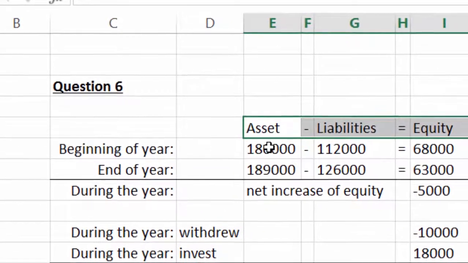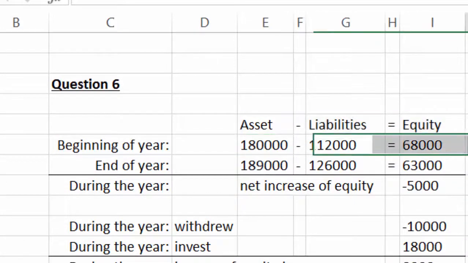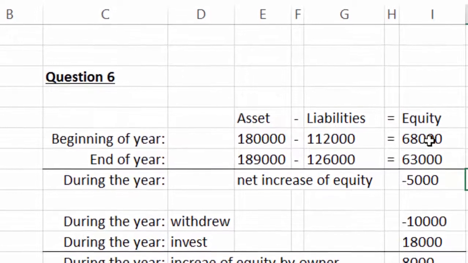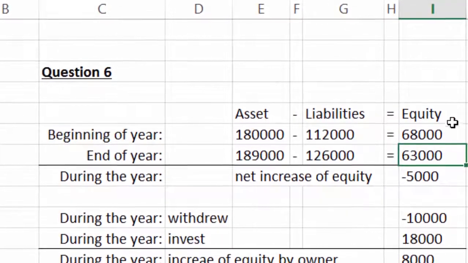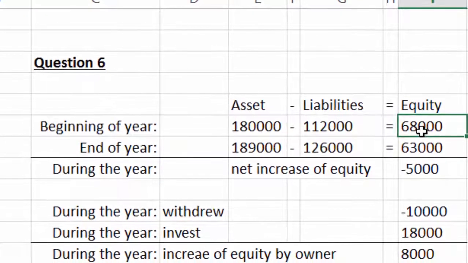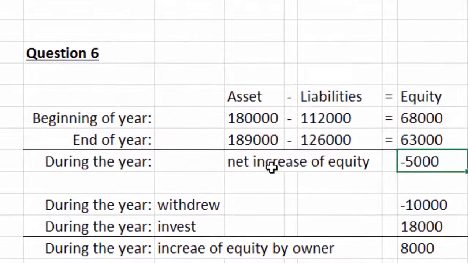If you rearrange the equation, it becomes assets minus liabilities equals equity. So we can easily calculate the beginning of year equity and end of year equity, and from the difference between them, you can calculate the net increase of equity.